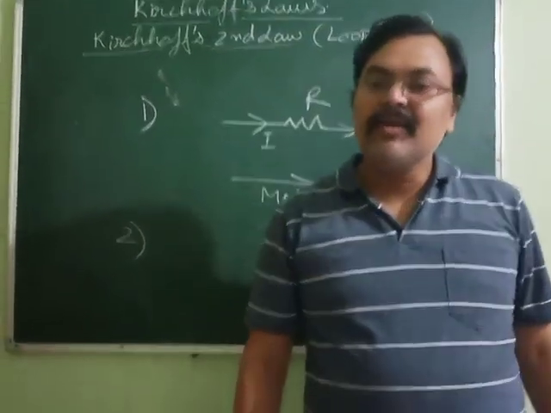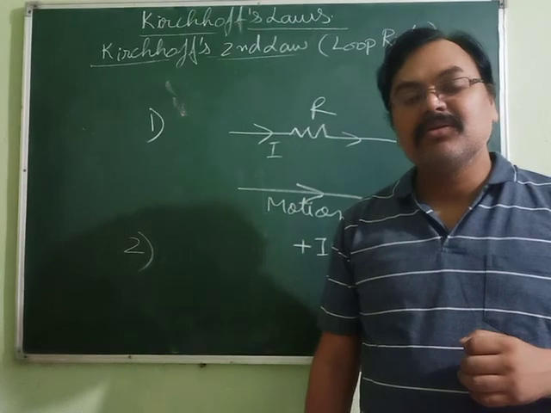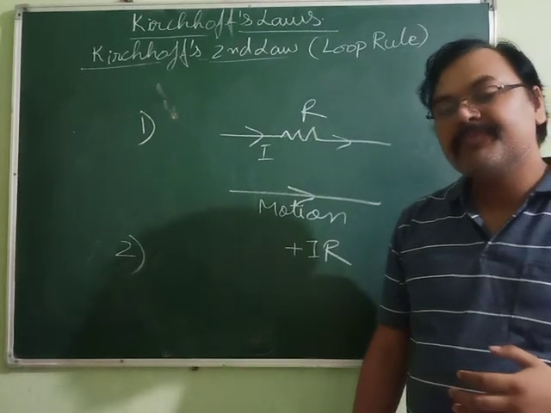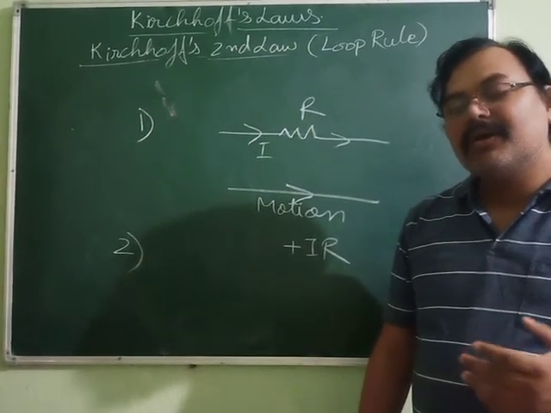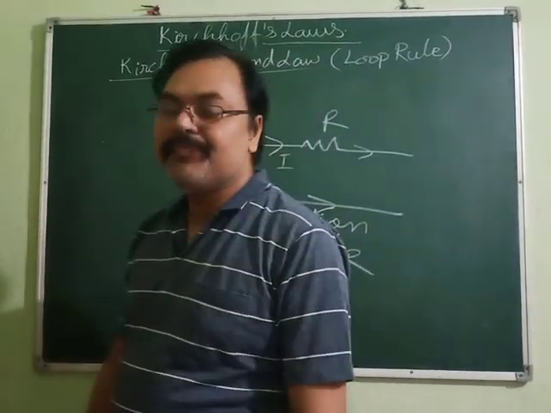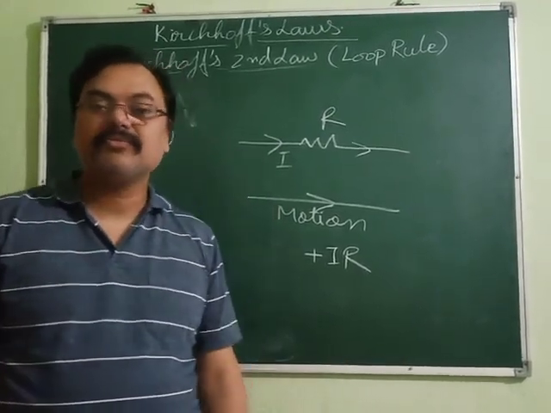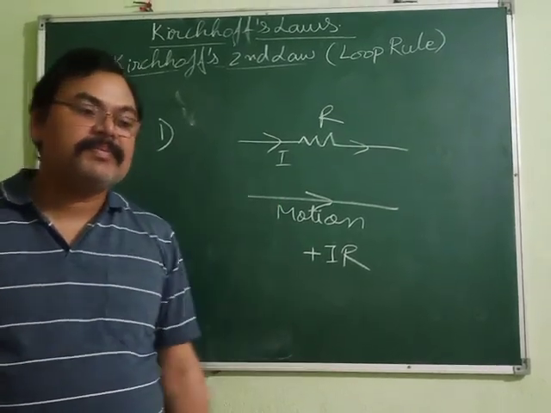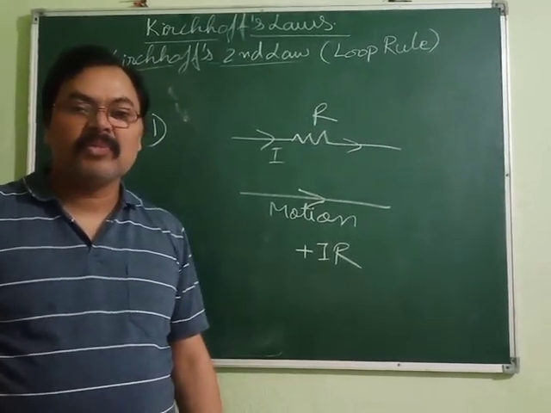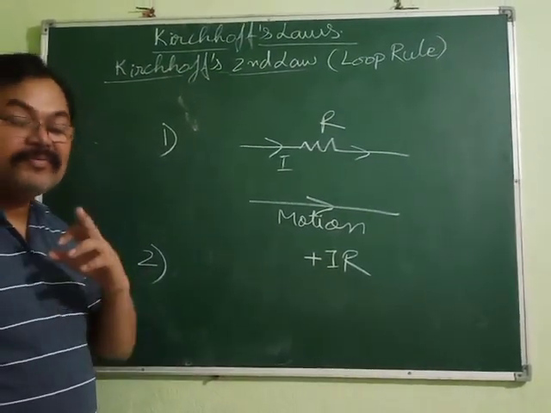When the direction of current through a resistor and the direction of motion are opposite to each other, then the potential difference across the resistor is taken as negative. Full stop.